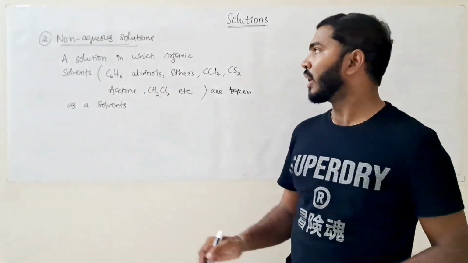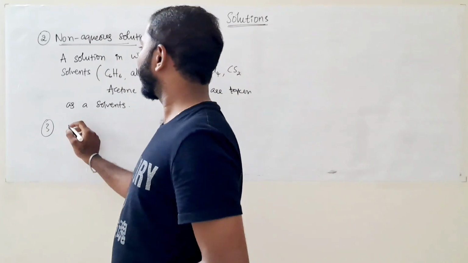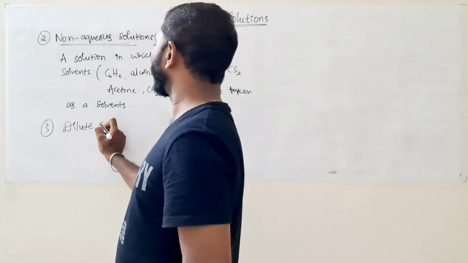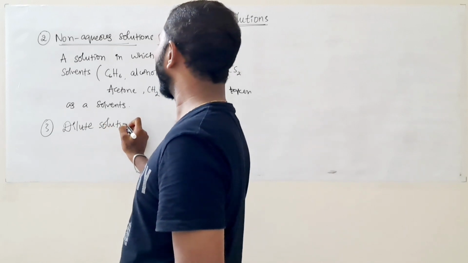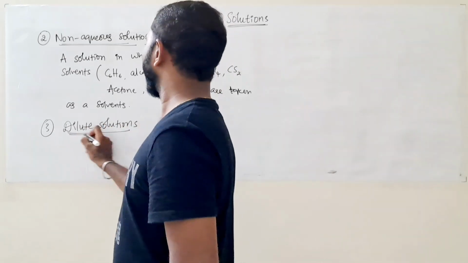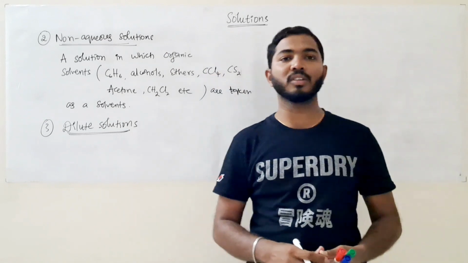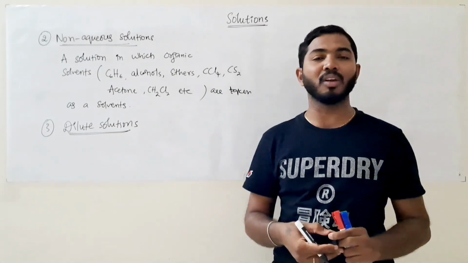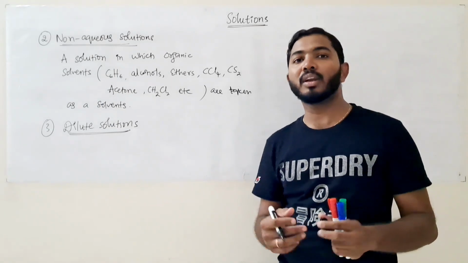Hope it is clear. The third type of solutions are dilute solutions. It is so simple: dilute solutions are nothing but solutions in which more amount of solvent is there.